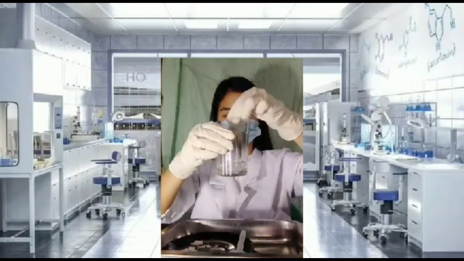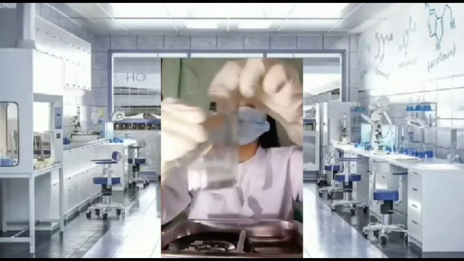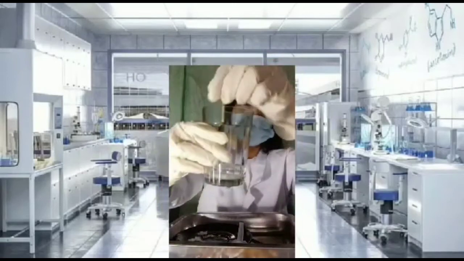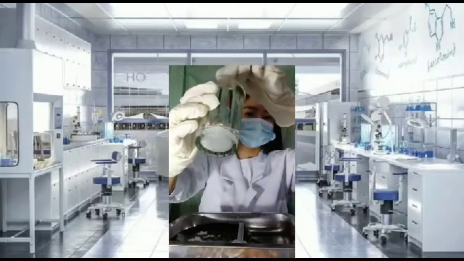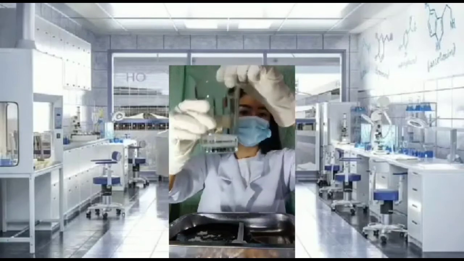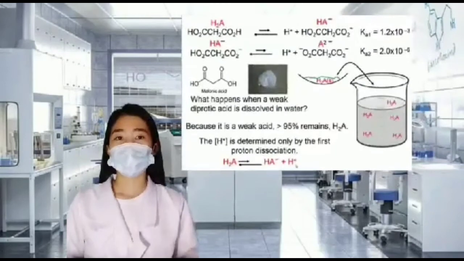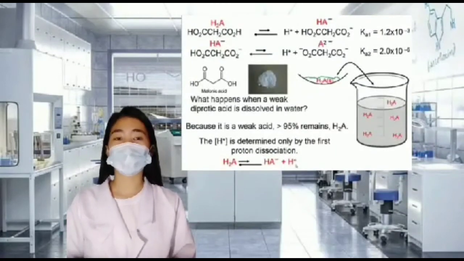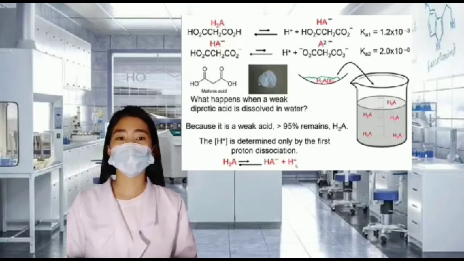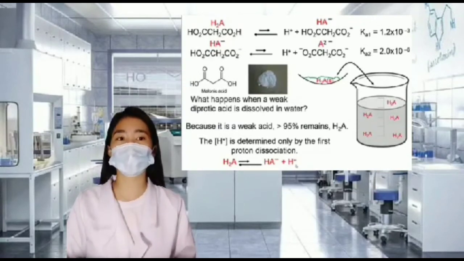At a concentration of 1 molar, we would expect about 95% of the weak acid to remain undissociated, and only 5% of the acid dissociates into HA negative and H plus. Now, in calculating the acidity of the solution, we are going to assume that the proton concentration is entirely governed by the first dissociation step.